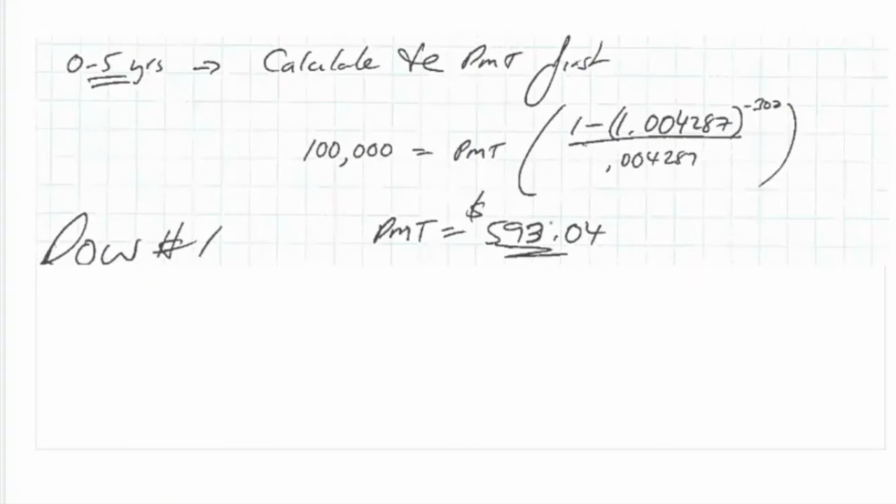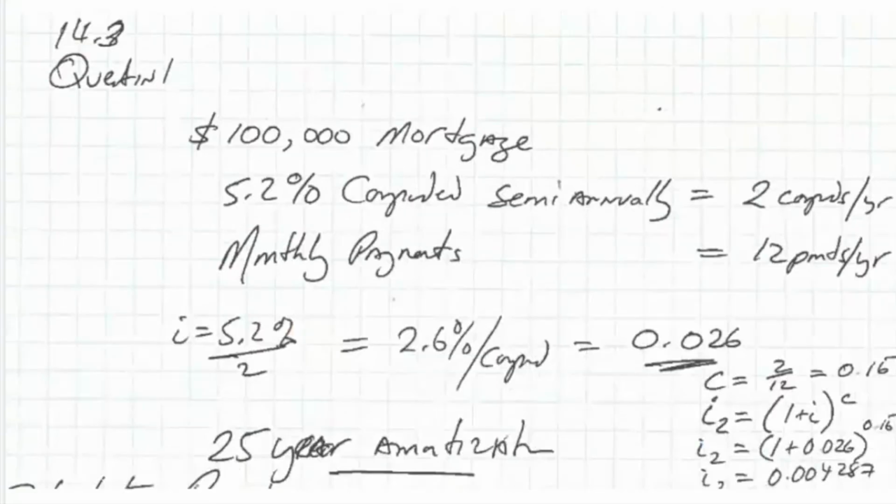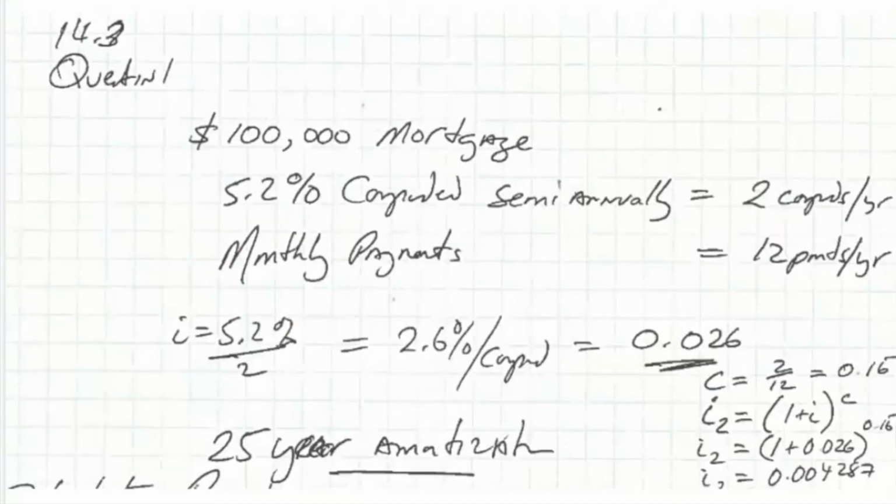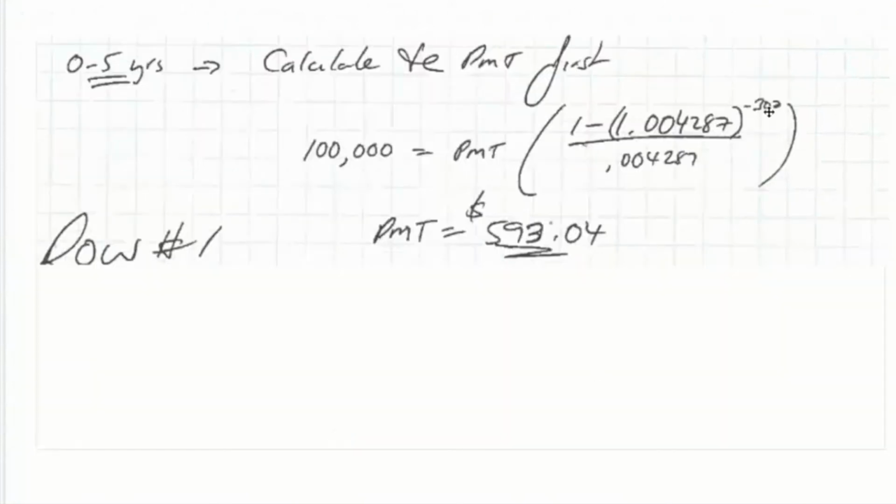So that's the present value equals PMT times bracket 1 minus 1.004, and 1.004 is the I2, to the power of negative 300, because it is 25 years times 12. 25 times 12 would be 300. And that should come to $593.04.